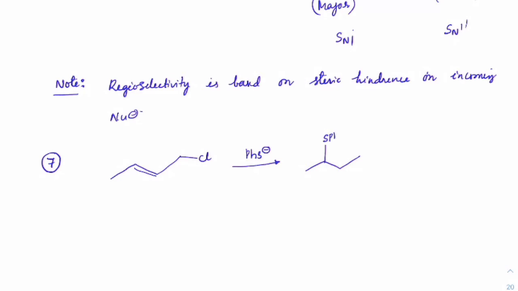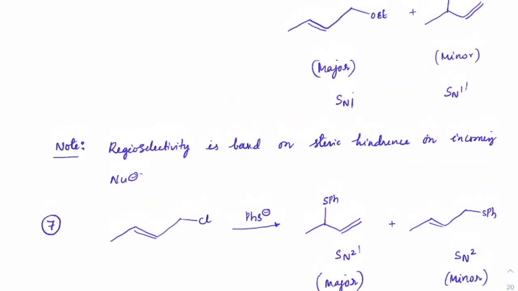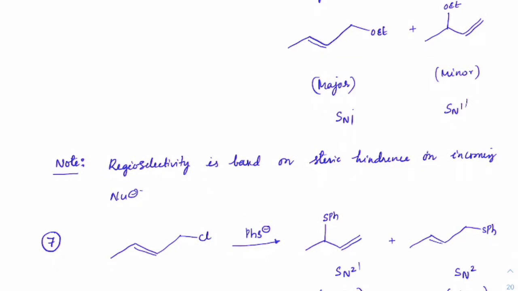So PhS with the double bond, and double bond and PhS here. So this is the SN2 product, and this is the SN2 prime product, and this is the major product here, and this is the minor product, which is quite the contrary of what we studied earlier. Okay.